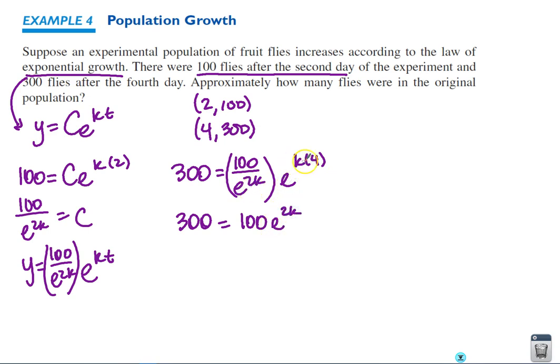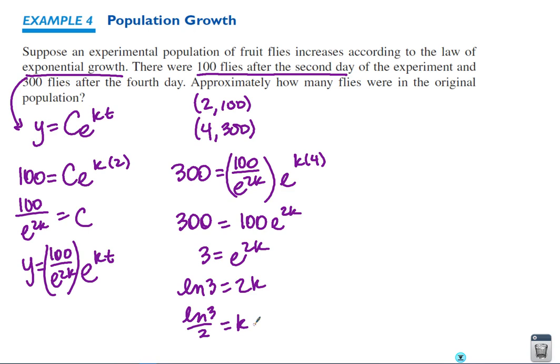All right, because you would have e to the 4k over e to the 2k, subtract your exponents. All right, so now I need to solve for k, so I divide by 100, so 3 equals e to the 2k. Natural log of 3 is equal to 2k. So the natural log of 3 over 2 equals k.